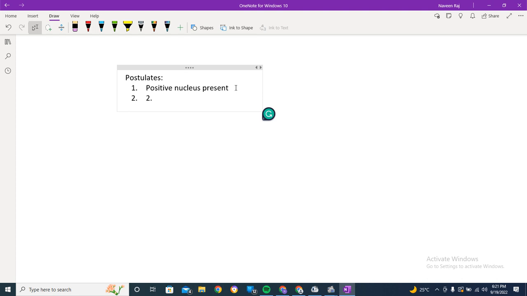surround the nucleus, called the extranuclear part. So this means electrons carry negative charge.